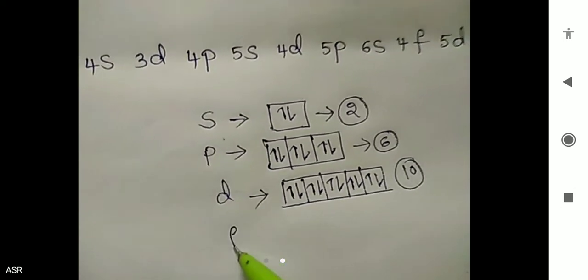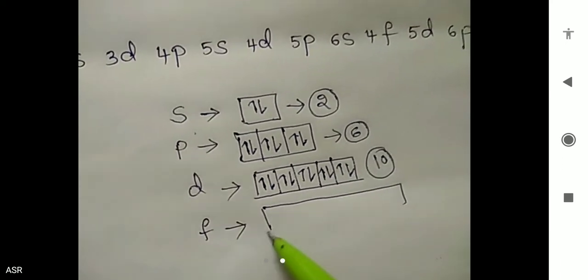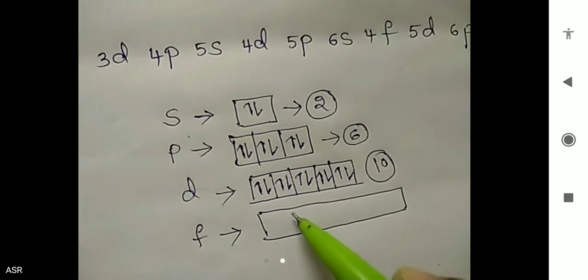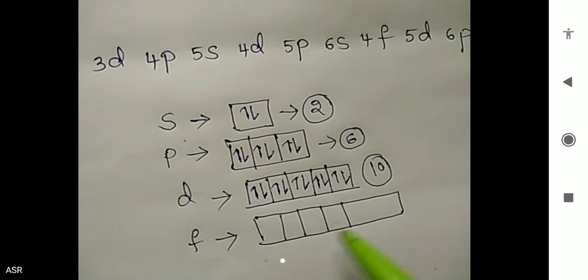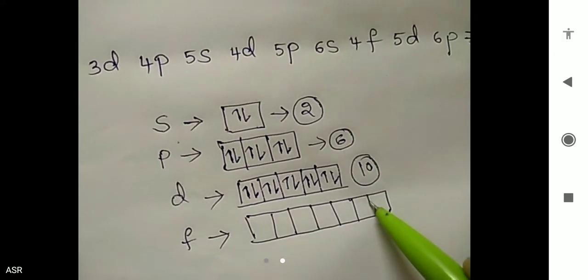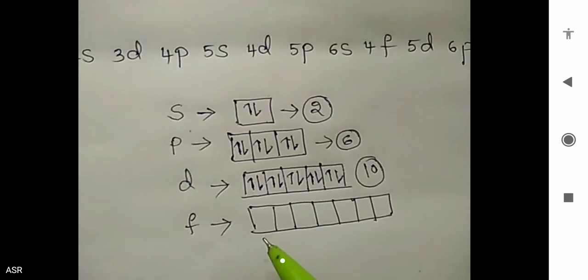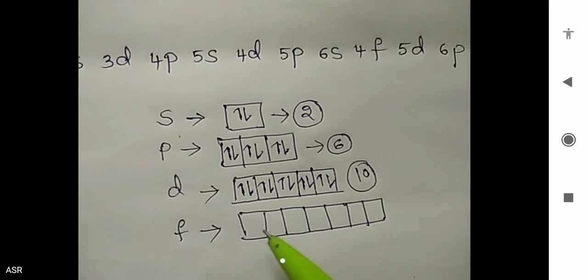What about F, children? F will accommodate 14 electrons. 1, 2, 3, 4, 5, 6, 7. Okay, totally 7 boxes you should have here.